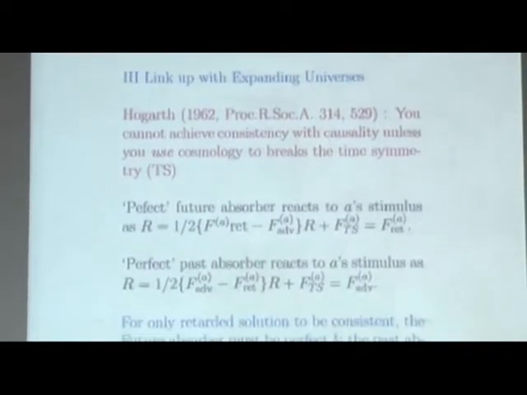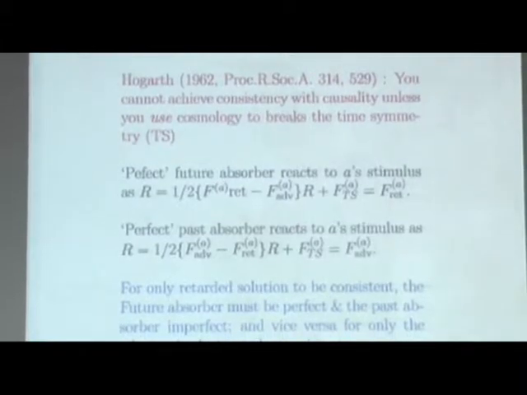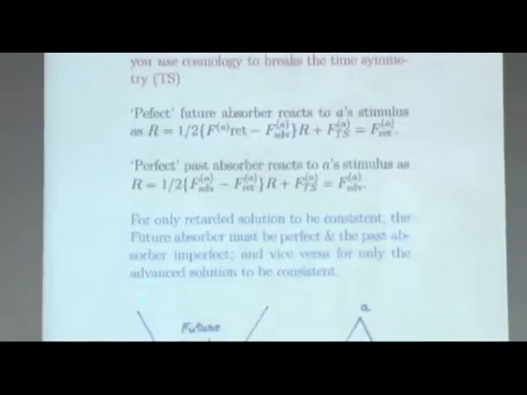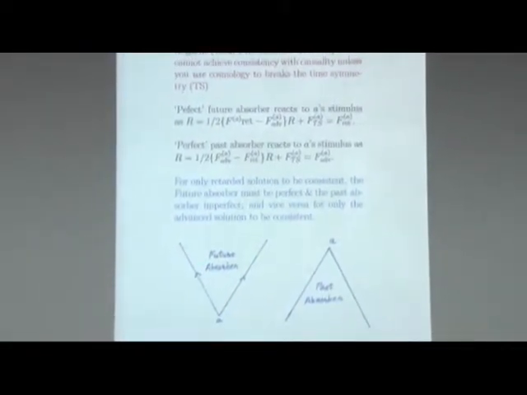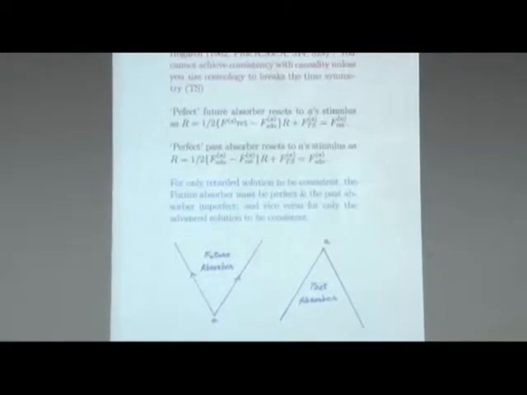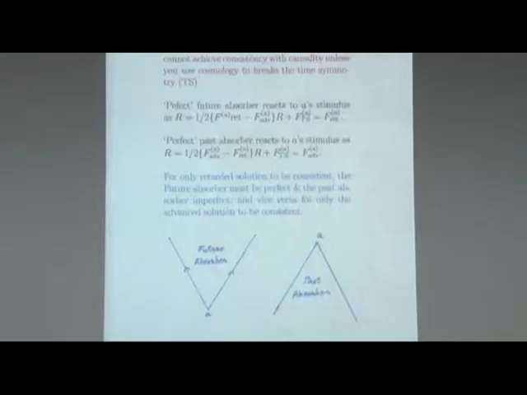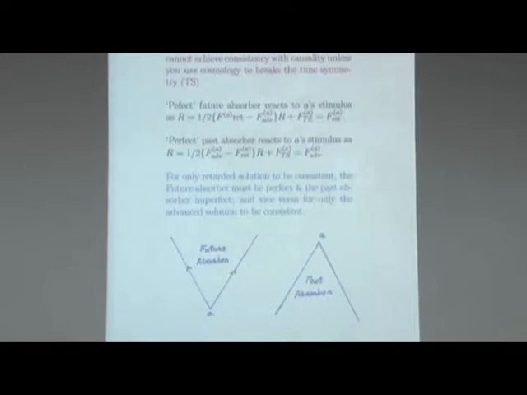Now, perfect future absorber: you take an electric charge and draw a light cone which goes into the future, and anything that is lying in this part of the universe will be the future absorber. And similarly, you draw a past light cone and whatever is present in that light cone will be called the past absorber.